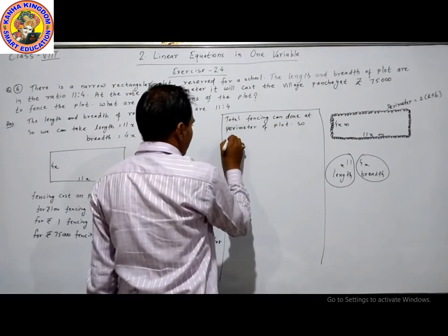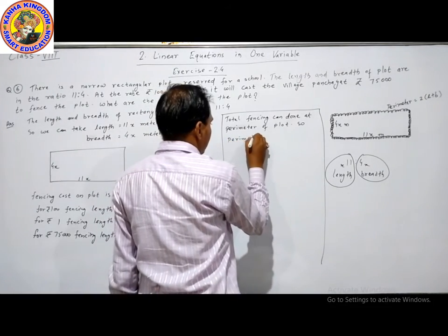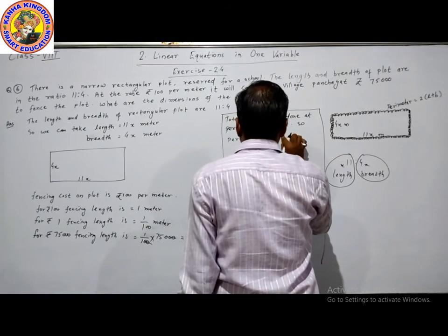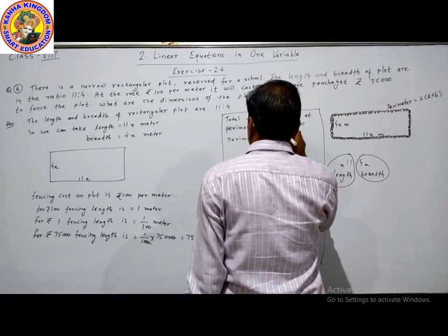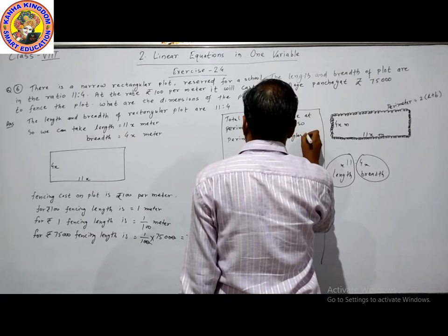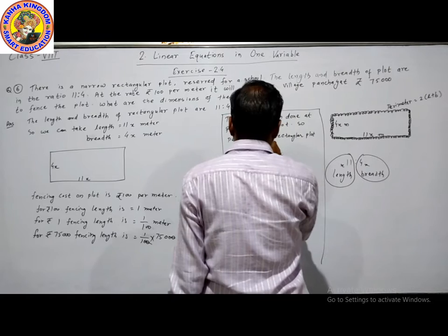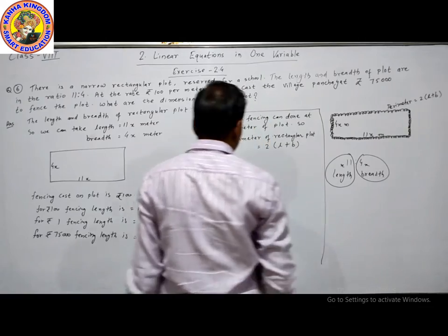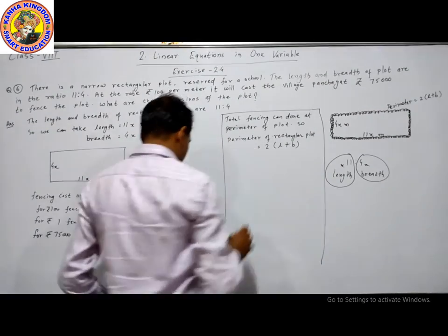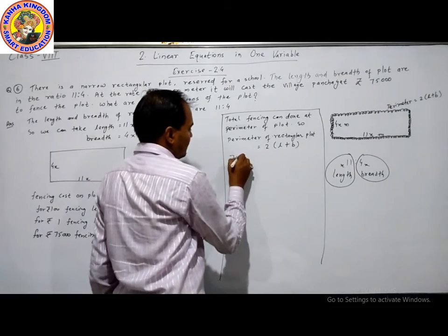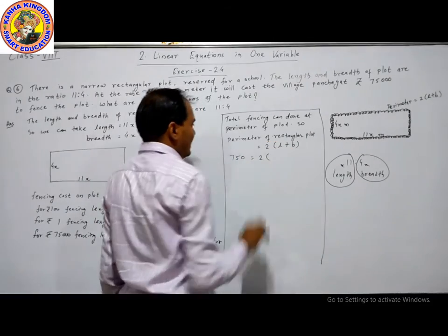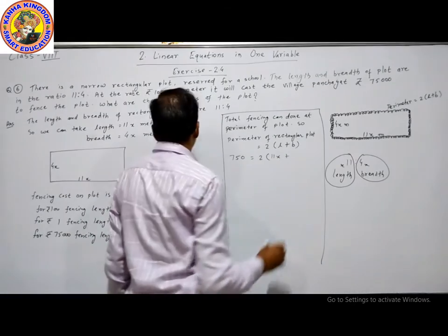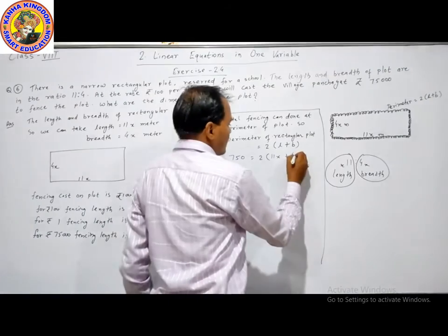So perimeter of the rectangular plot is equal to 2 into length plus width. The perimeter is 750 is equal to 2 into length. The length is 11x and the width is 4x.